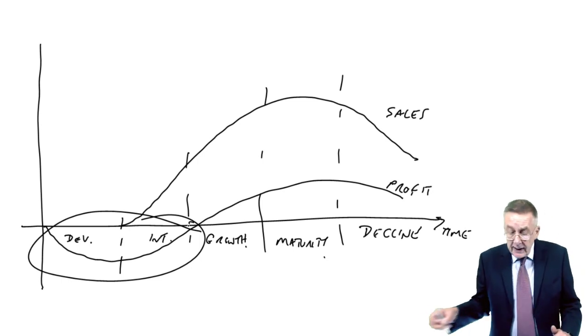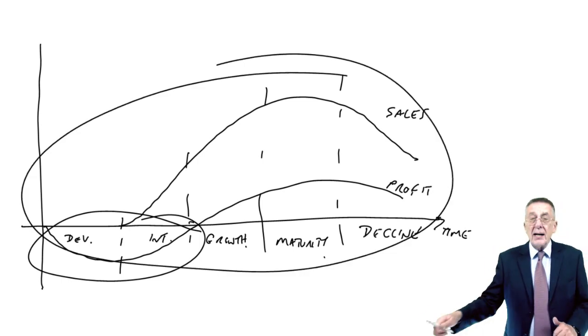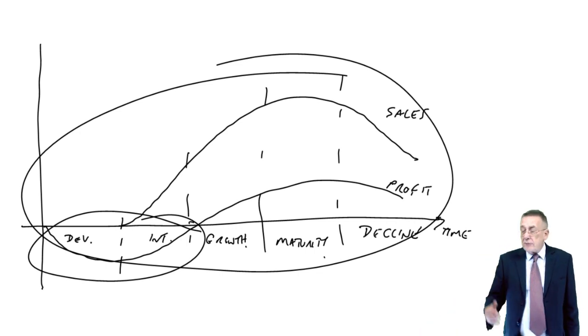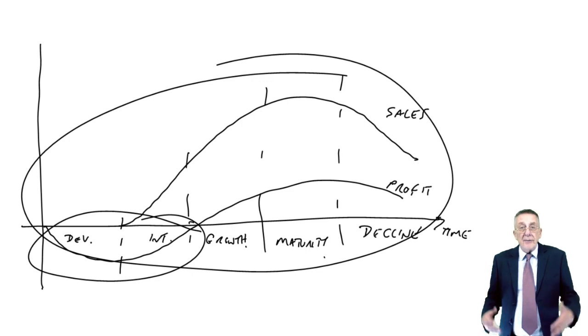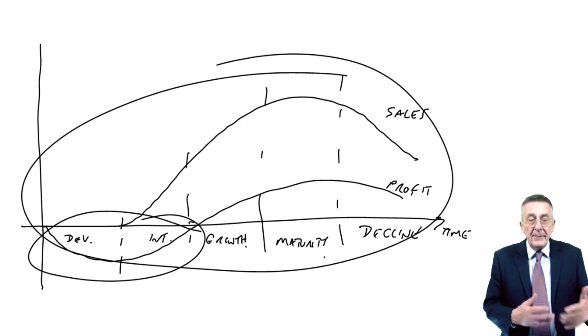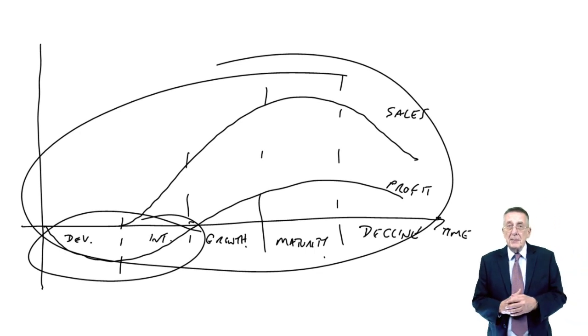Let's not do it. We need to think over the whole period clearly. If it's going to make us big profits several years down the line, big future profits, then certainly we should be prepared to accept some losses in the short term.